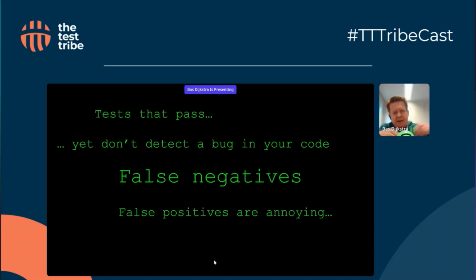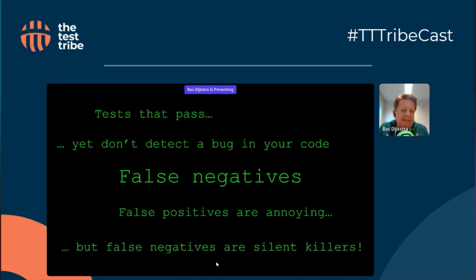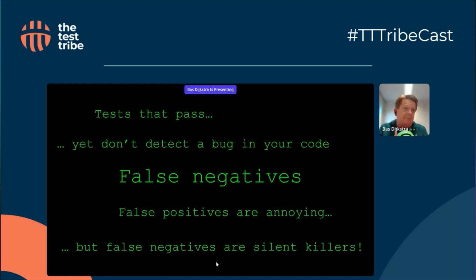A false negative is what I call a silent killer. It's a test that passes, so it shows these green check marks. Everything is green. It looks like everything's in order. And then your software goes into production, and the first time an actual user, an actual human being, interacts with it, everything breaks down.